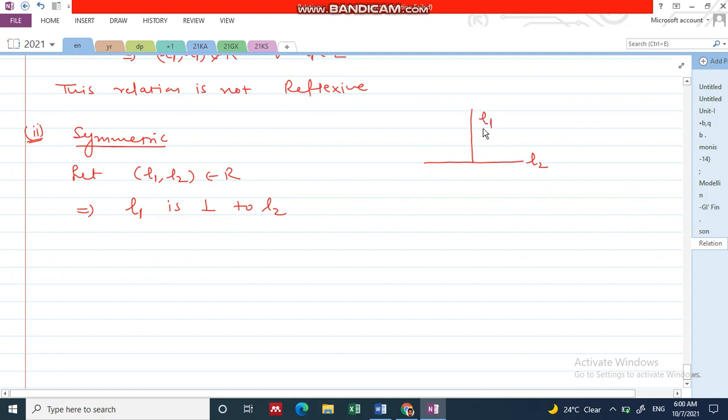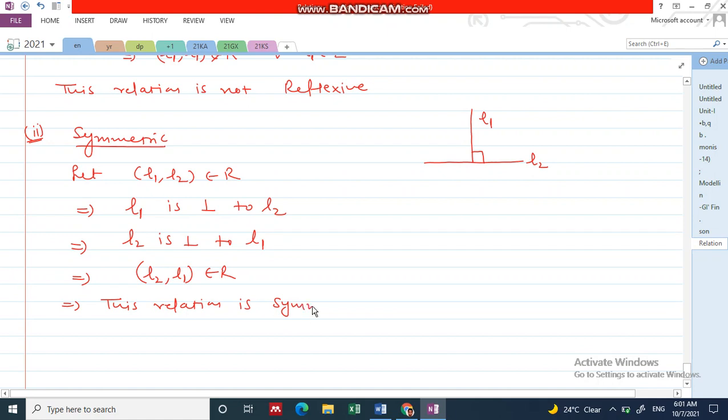So L1 is perpendicular to L2, or you can also say that L2 is perpendicular to L1. When you say L2 is perpendicular to L1, it means that (L2, L1) is a member of the relation. So it implies that this relation is symmetric.